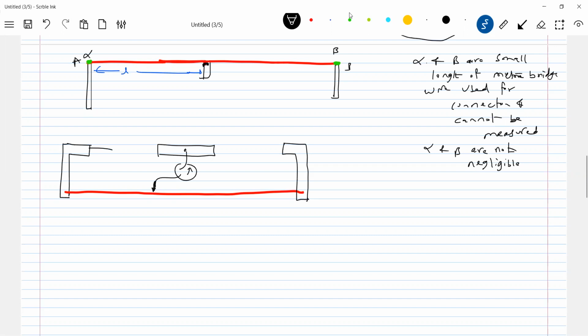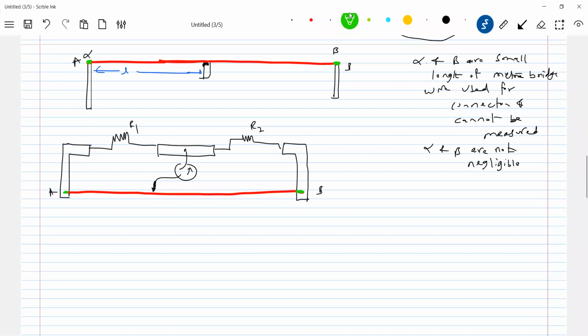So I'll first connect some known resistances R1, R2 in the gap here. In the books, things are also not mentioned very clearly: this is A, this is beta, and that green color I'll indicate as a part of wire which is used to make connection and which cannot be measured.